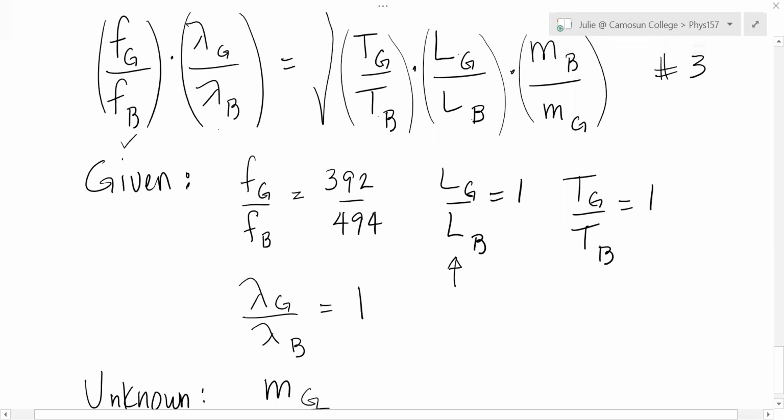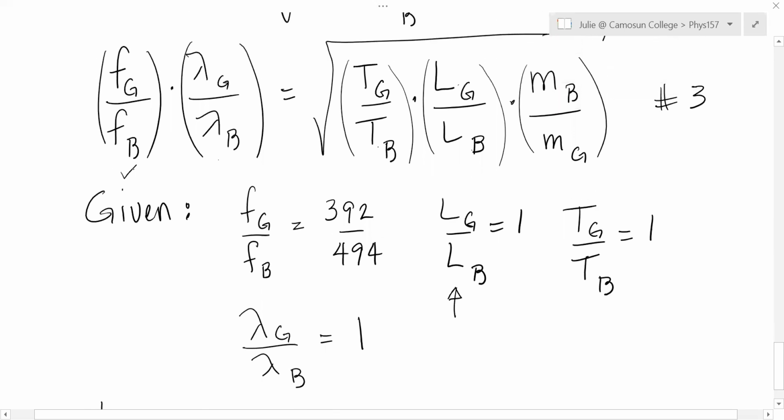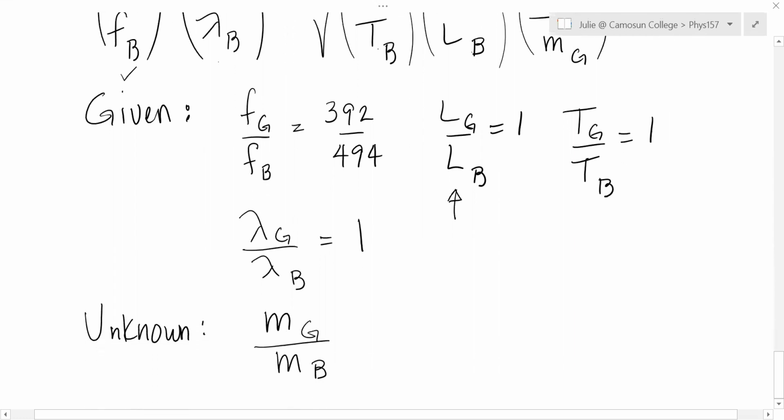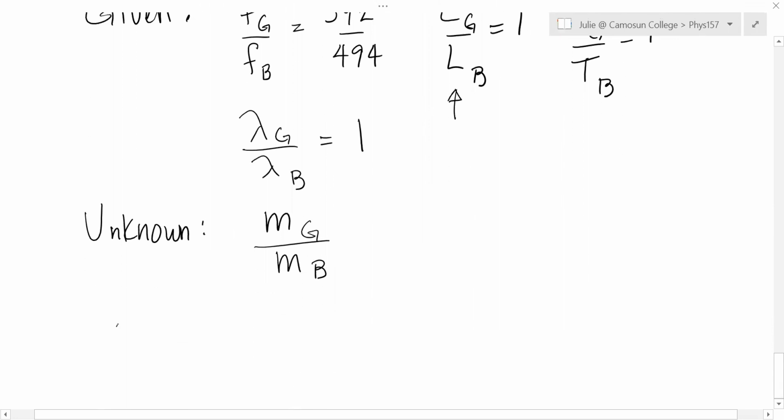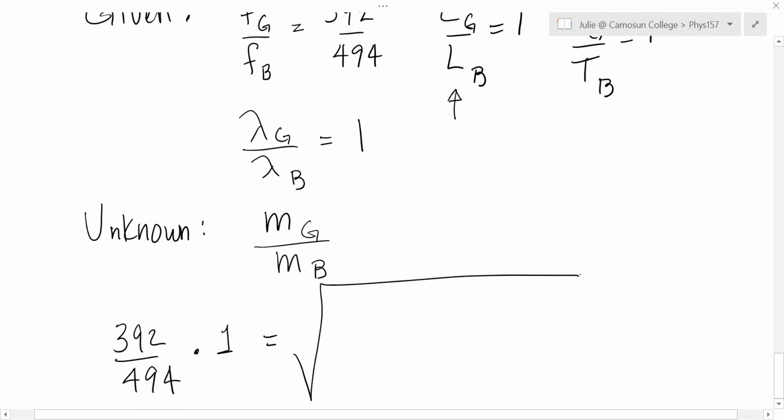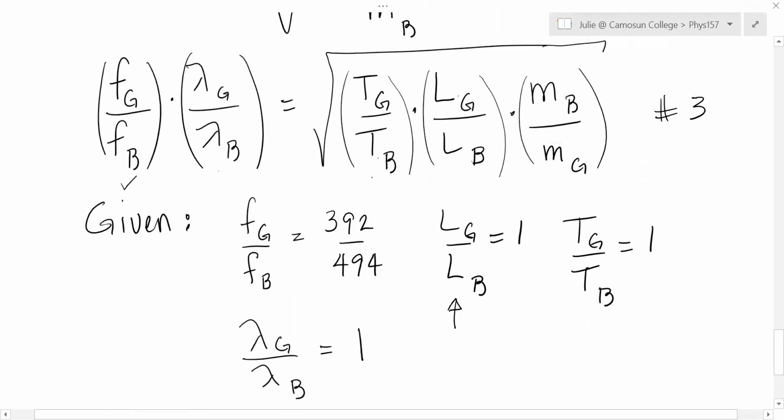Okay, so now we can go back to our equation and just pop all these numbers in for each of these ratios and see what's left. And be careful, they're asking this upside down from the way I've got it in the equation, so we'll have to be careful there. Okay, so FG over FB, 392 over 494. Ratio of the wavelengths, 1 equals the square root. Go back to here. That's 1.